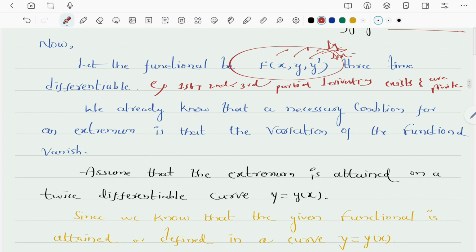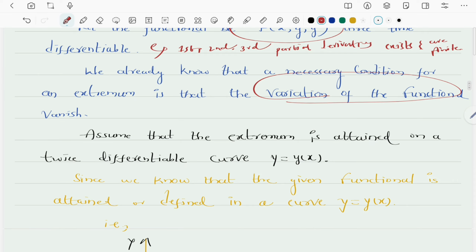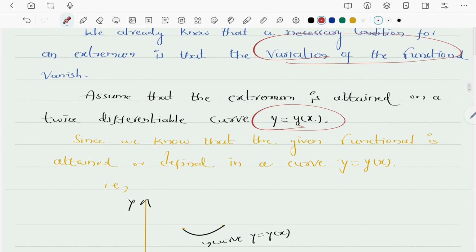Therefore we already know that a necessary condition for an extremum is that the variation of the functional vanishes. We will discuss this later in the upcoming proofs. Now assume that the extremum is attained on a twice differentiable curve y is equal to y of x.